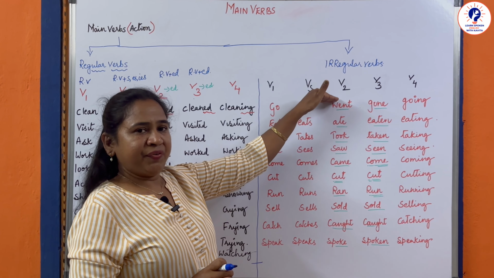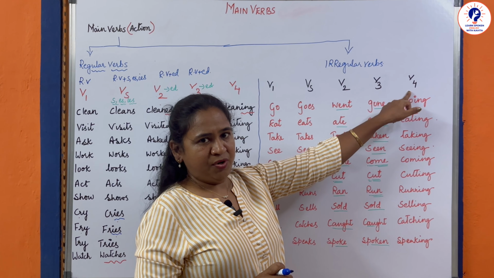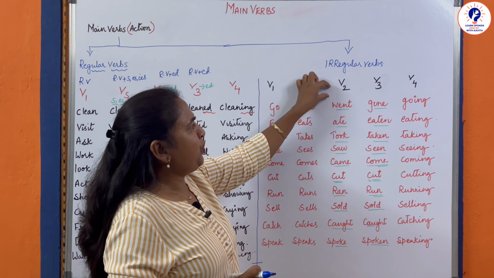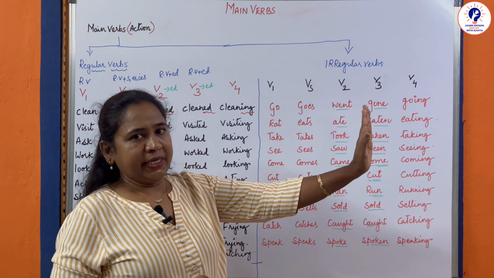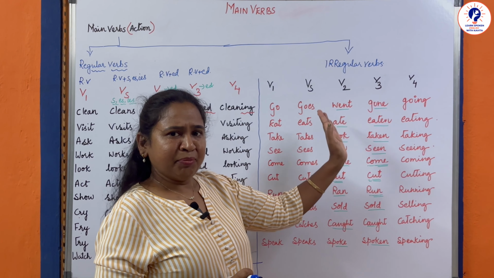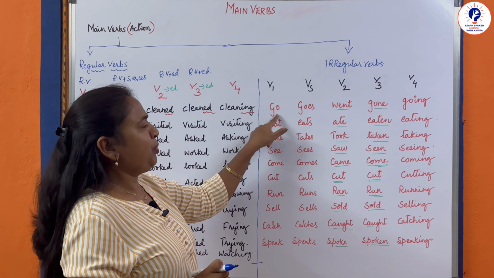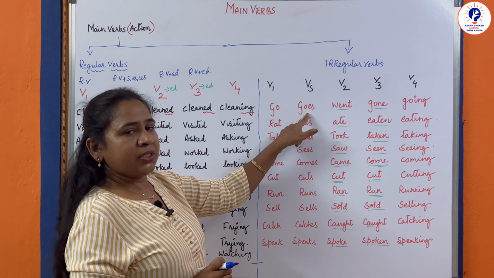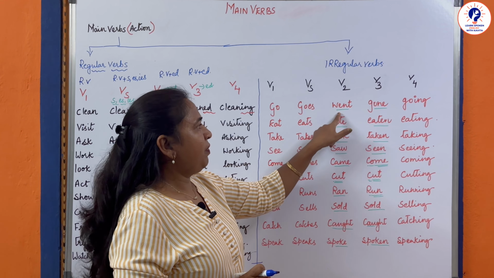Now when it comes to irregular verbs, also V1, Vs, V2, V3, V4. Here, when you carefully notice V2 and V3, you don't have any ed ending. Sometimes they are similar, sometimes they are totally different. Let us see. For example, go, goes. Went, gone.